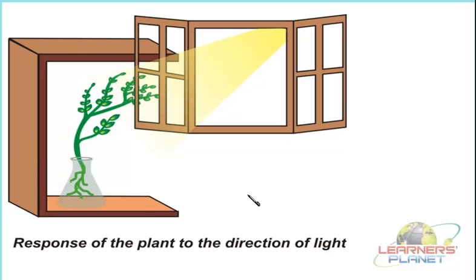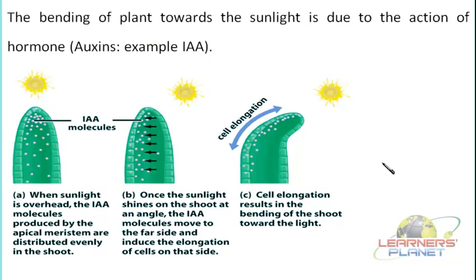So now let us understand how these hormones help in the generation of such responses. In this case, the movement is affected by the presence of a specific hormone, or we can say a group of hormones, known as auxins.